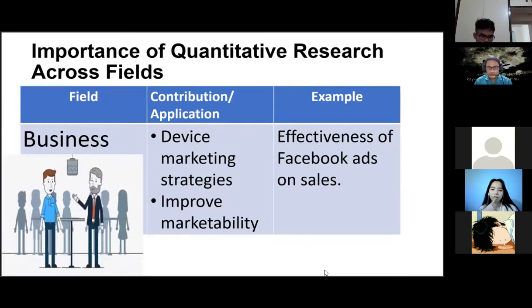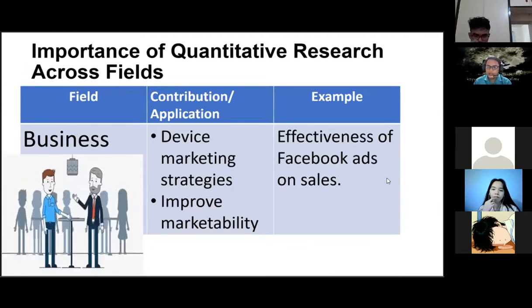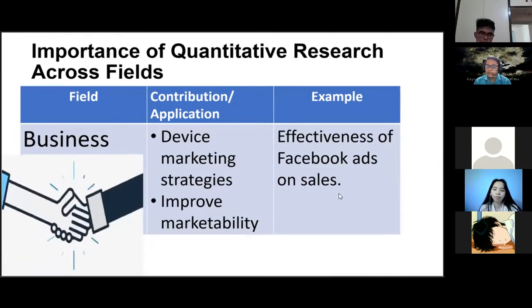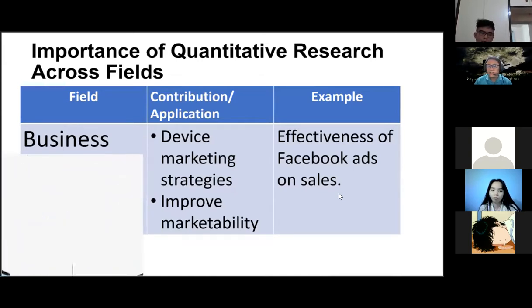Most of those feasibility studies are done inside a business. So example of this is effectiveness of Facebook ads on sales. What is the effectivity rather of Facebook ads on sales? Nakaka-apekto ba talaga yung mga advertisements sa Facebook sa pagtaas ng sales of those businesses?